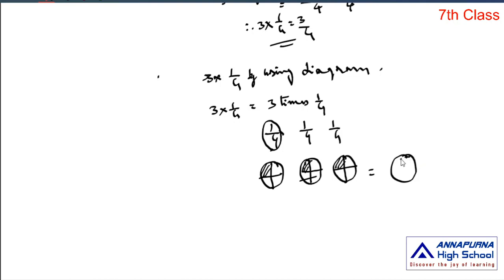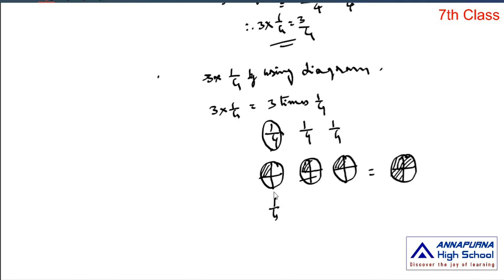Draw one circle and divide into 4 equal parts. How many parts are taken together? 3. 1, 2, 3. So shade 3 parts. So here the shaded portion is this one. Now that means this is 1 by 4.